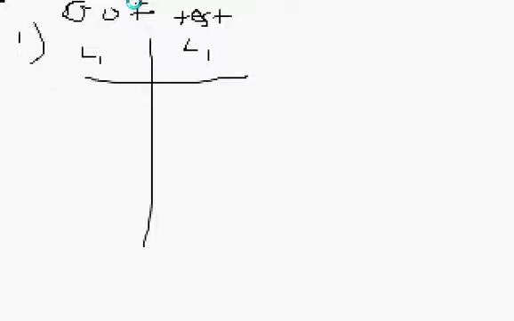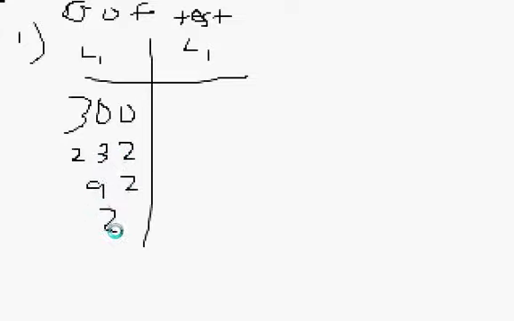So what we want to do is list the observed counts of the 626 seniors. The first one is 300. The second one was 232. These are just groups of ages. This is what you're going to put in the calculator.